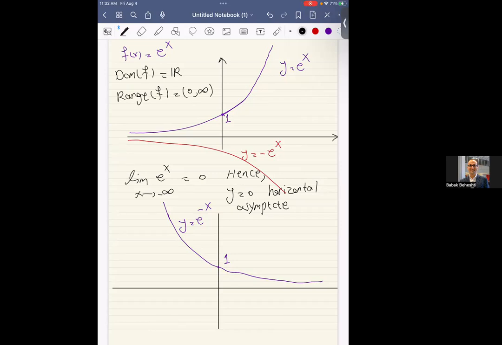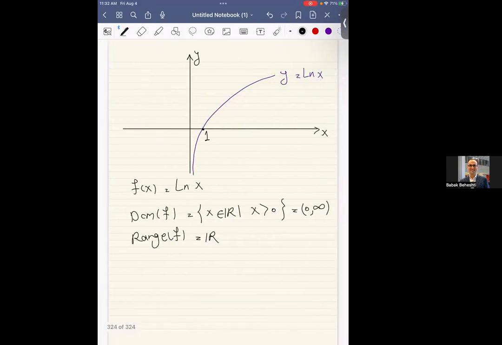Now for e to the power x, the domain is all real numbers, range is positive numbers. Now you switch the range and domain of e to the power x, you flip it, you get the range and domain of ln. So for ln, the domain is the positive numbers, the range is all the real numbers.